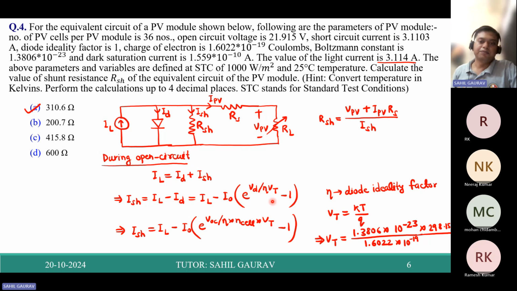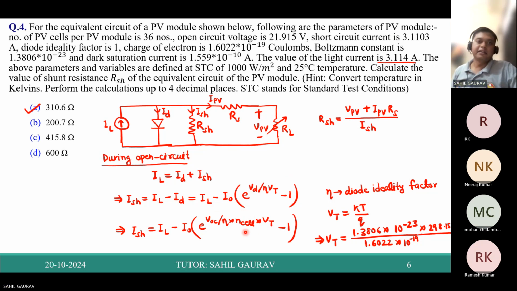Here you have to keep in mind that the thermal voltage should get multiplied with the total number of cells. In this problem, many of you forgot to multiply by the number of cells, so you should be cautious and multiply with the number of cells.